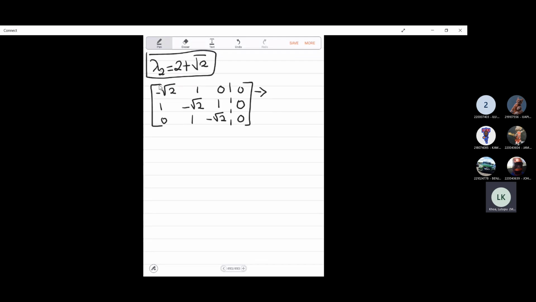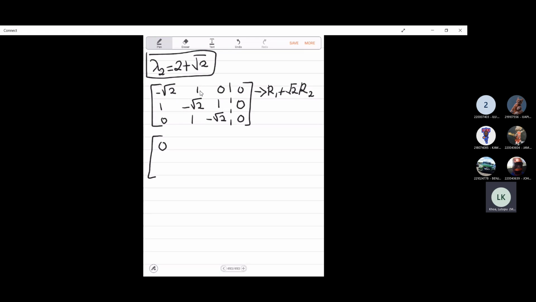And say that row 1 plus square root of 2 times row 2. Okay, so negative square root of 2 plus positive square root of 2, this is 0.